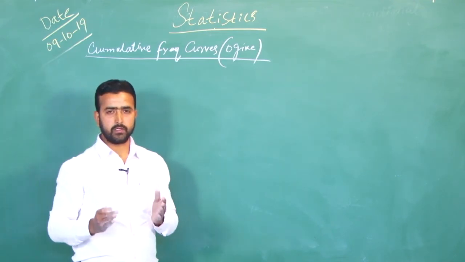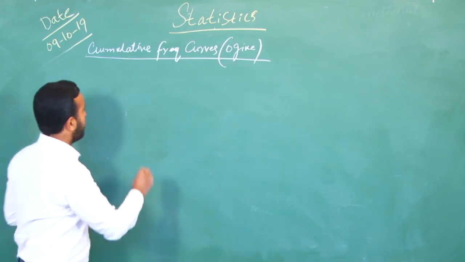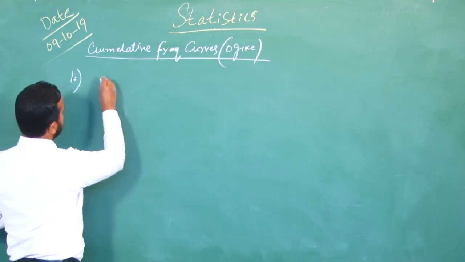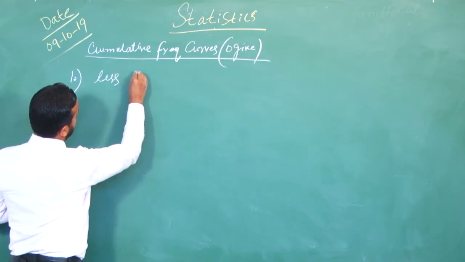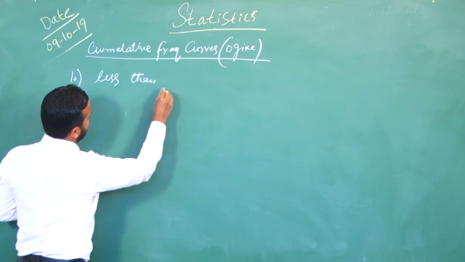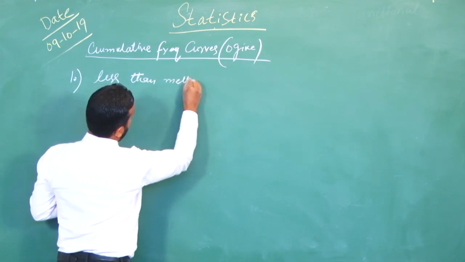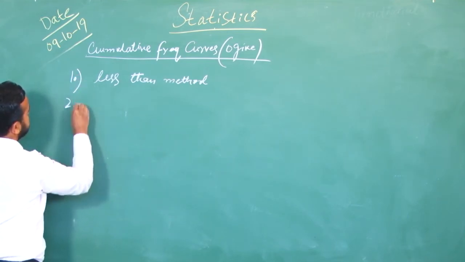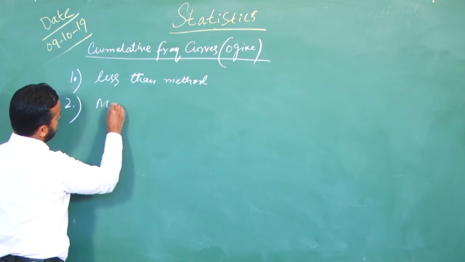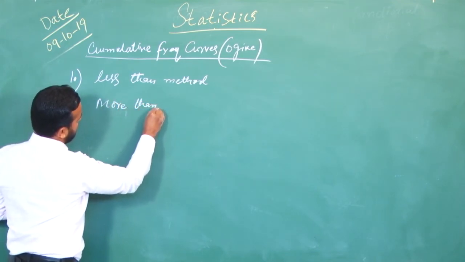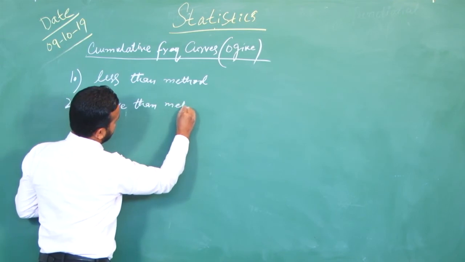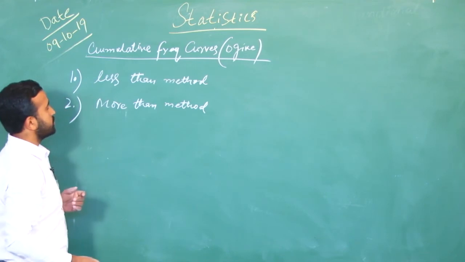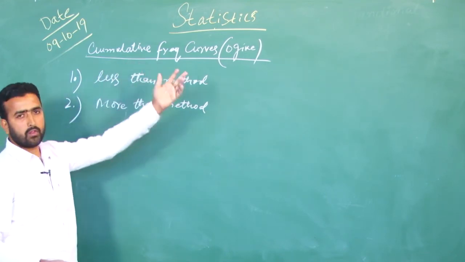Number one is the less than method. Second is the more than method. These are the two graphical methods that we use to draw the cumulative frequency curves or the ogives.